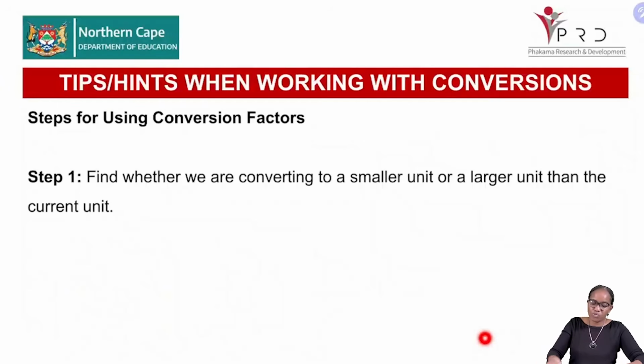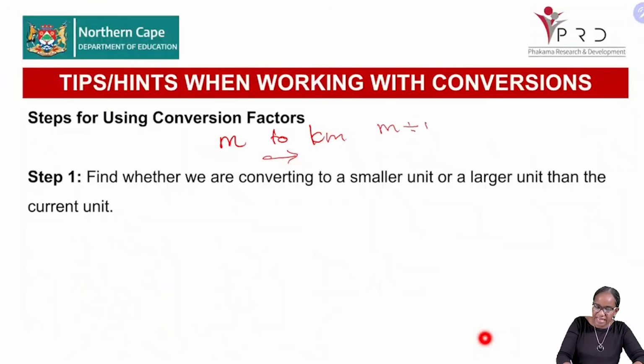Remember, class, let's say you're moving from meters to kilometers, you will have to divide because you are moving from a smaller unit to a larger unit. So you divide your meters by 1,000. Then you get your kilometers.